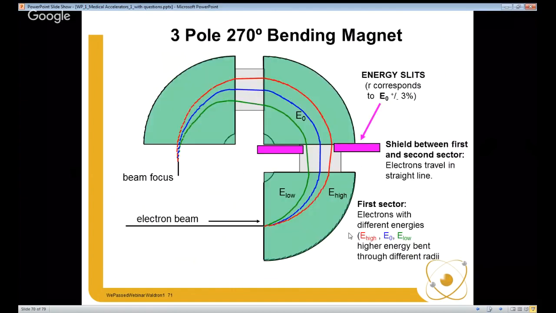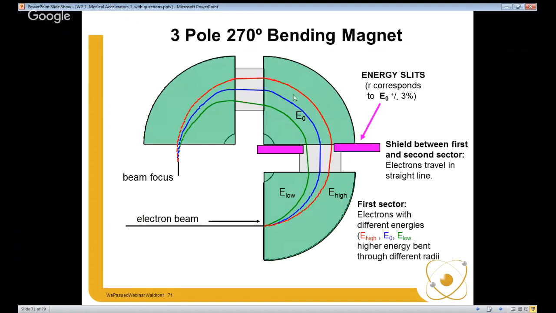So what one manufacturer has done historically is use three 90-degree dipoles and place a pair of slits near the widest dispersion region, which chop off the highest and lowest unwanted energies. So if my energy limits are E high and E low, then the components of the electron beam that are higher than the red line and lower than the green line will simply hit these slit structures and make heat.